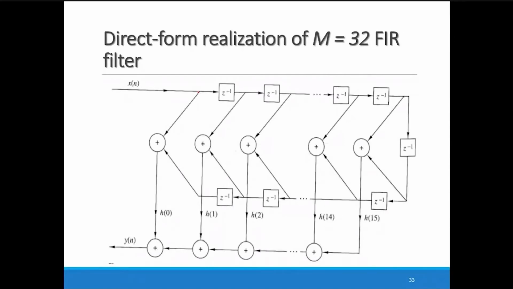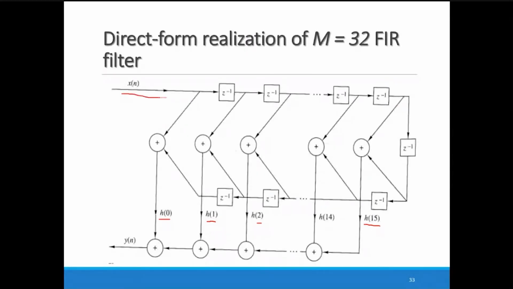Here you can see the coefficients we are using: instead of 32 coefficients, we are using the first 16 coefficients only, h0, h1, h2 up to h15. By using this type of symmetrical structure, we are able to obtain the M equal to 32 FIR filter.